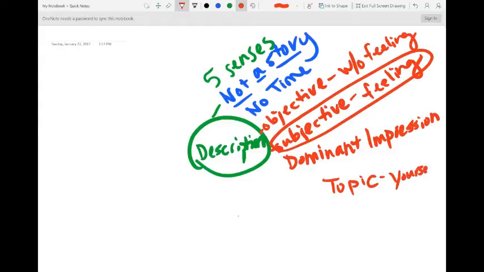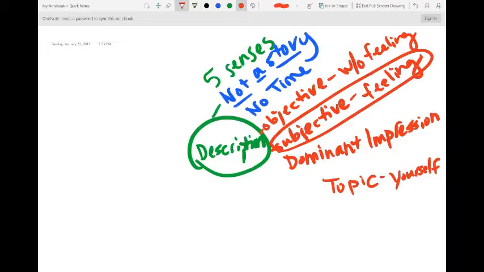Describe yourself. Okay? And then the dominant impression is, what is the overall impression that you want someone to get when they see you? Maybe it is that you're kind, or you're tough, or you're strong, or whatever that is. Whatever that dominant impression is, that's that feeling that you want to convey about yourself.